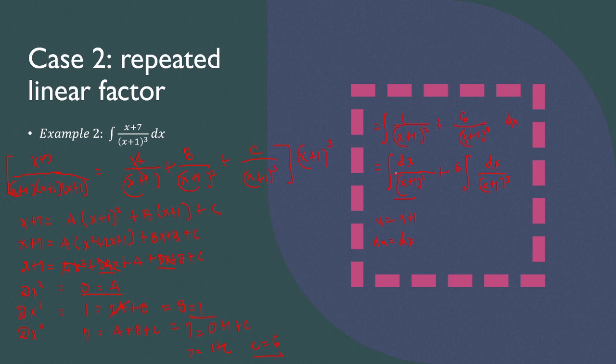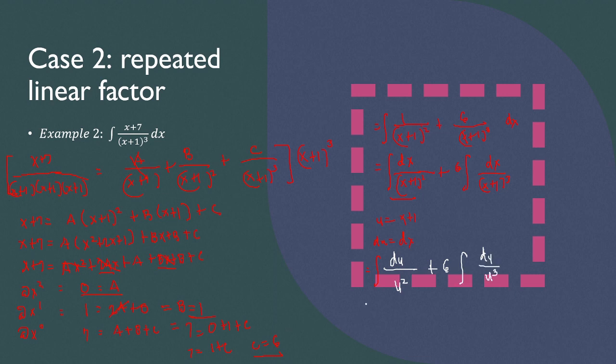Therefore, that's the integral of du over u squared, plus 6 times the integral of du over u cubed.